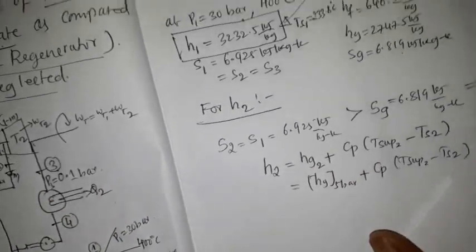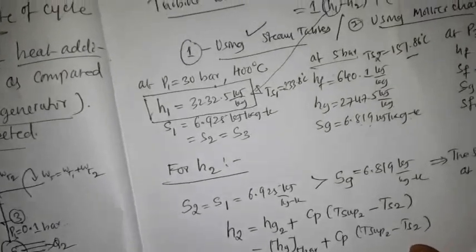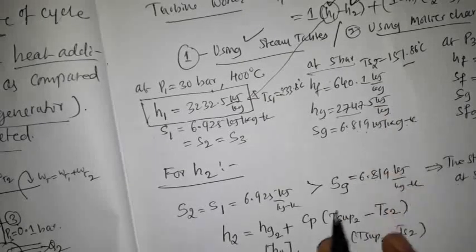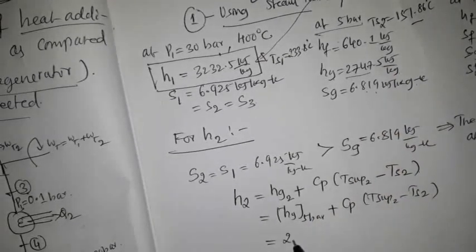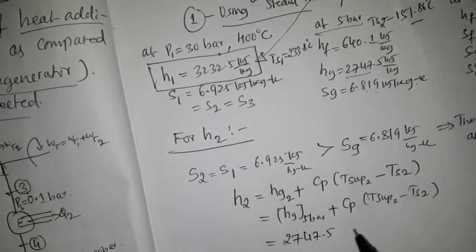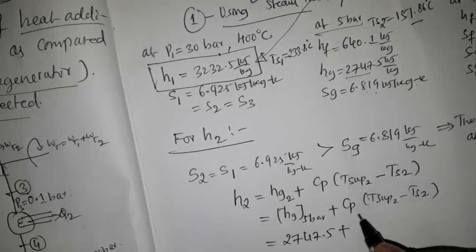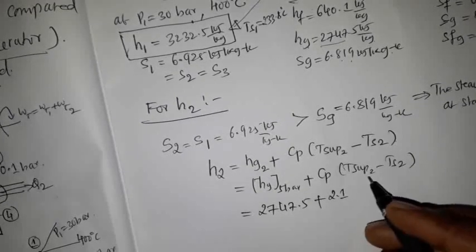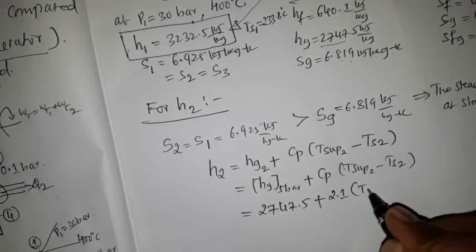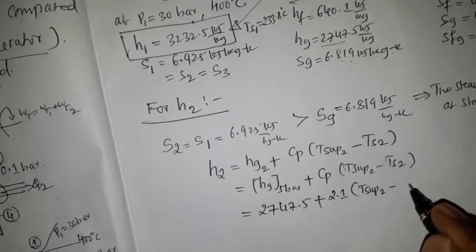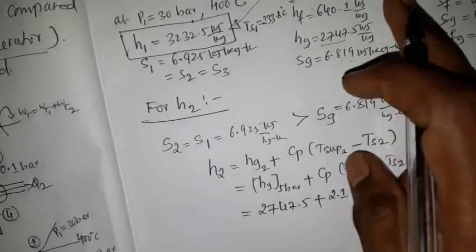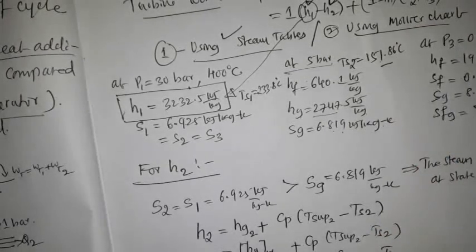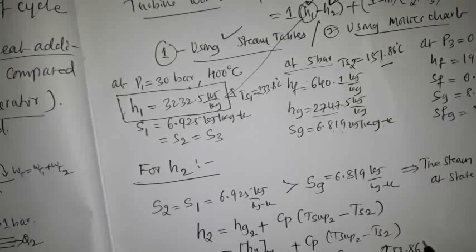So we have the specific enthalpy Hg at 5 bar as this value. We'll substitute in this: 2747.5 plus Cp, we can take it as 2.1 kilojoule per kg Kelvin for the superheated steam, but we don't know the superheat temperature at state 2, but the saturation temperature is known to us, that is 151.86 degrees Celsius.